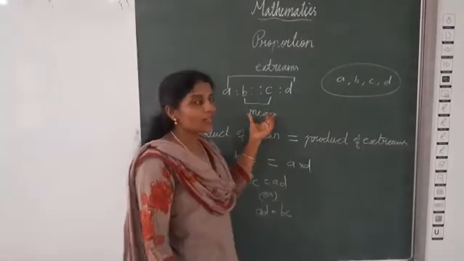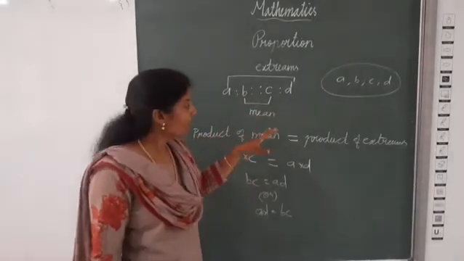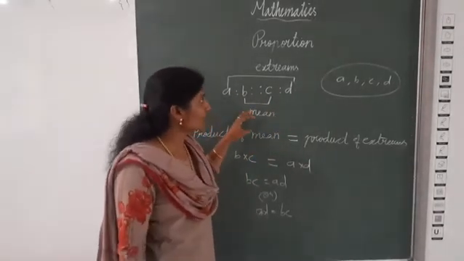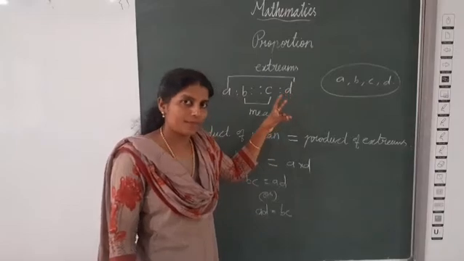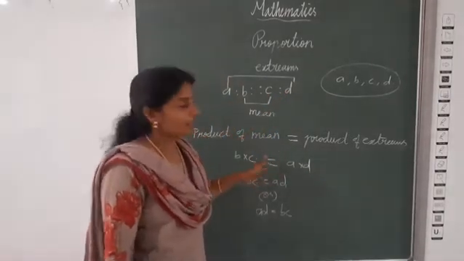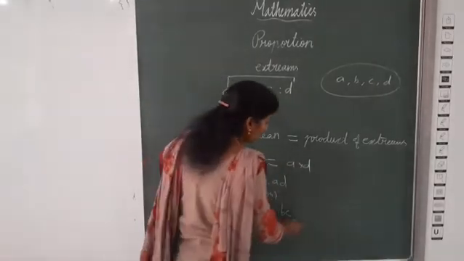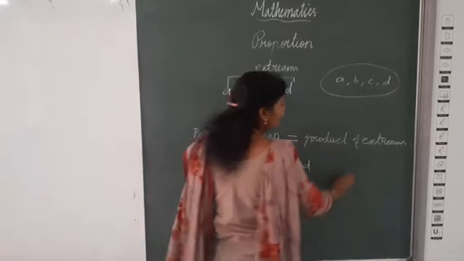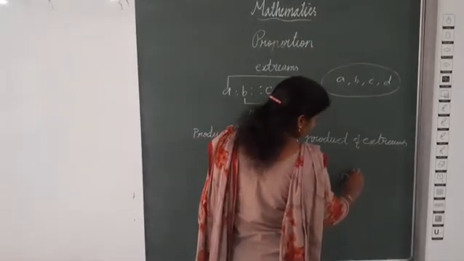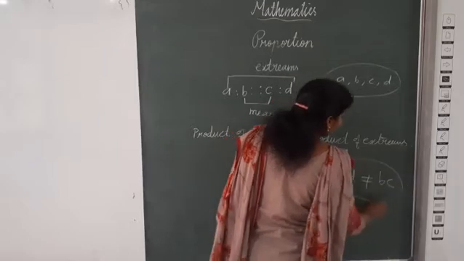If the product of means is equal to the product of extremes, that is a proportion. Suppose AD is not equal to BC, then this is not a proportion.